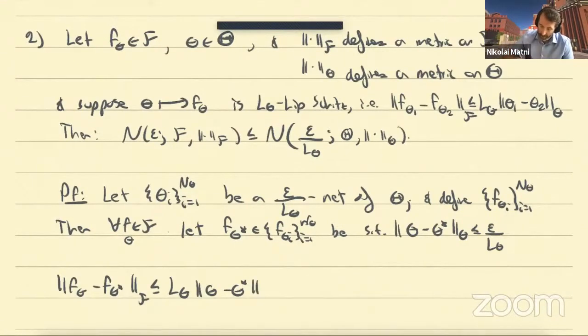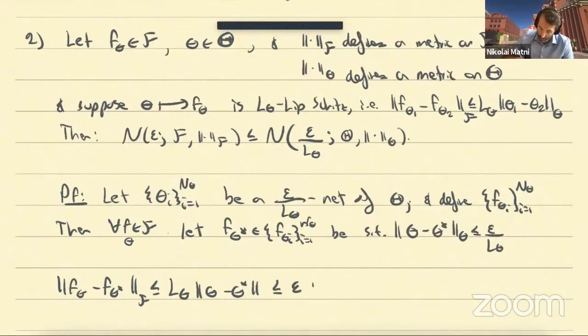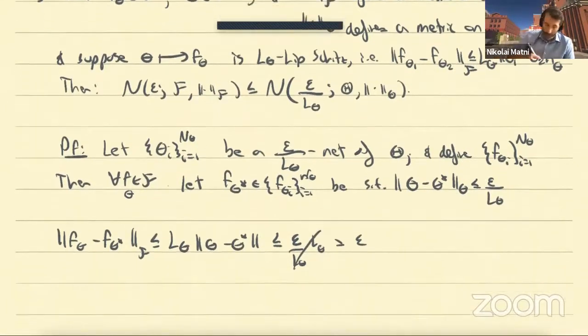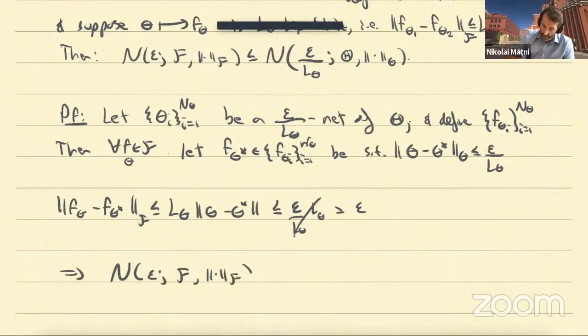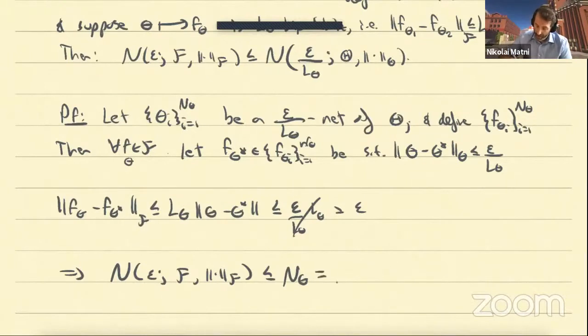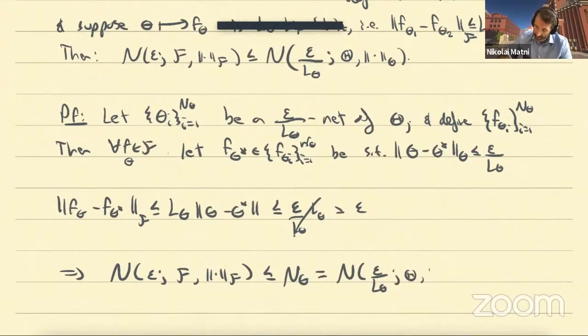But this is now less than or equal to epsilon over L theta times L theta, which is equal to epsilon. So what we've shown is that the covering number for F with respect to its metric is less than or equal to n theta, the cardinality of the underlying grid f sub theta i. But this is none other than the covering number of the underlying space at scale epsilon over L theta. So that's how we get that result.